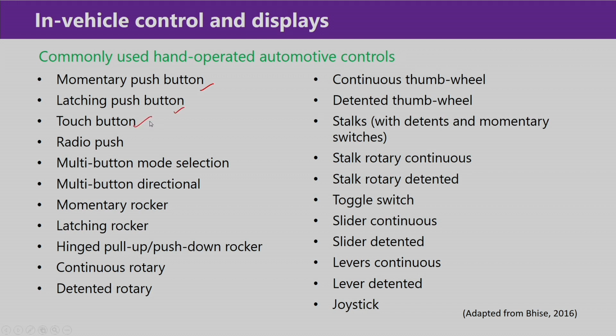latching buttons, touch buttons, radio buttons, multi buttons, mode selection multi button, directional, momentary rocker, latch rocker, hinged pull up, push up rocker, continuous rotary, detented rotary, continuous thumb wheel, detented thumb wheel, then different types of stalks, stalk rotary continuous, stalk rotary detented, toggle switch, slider continuous, slider detented, levers continuous, lever detented, joysticks.